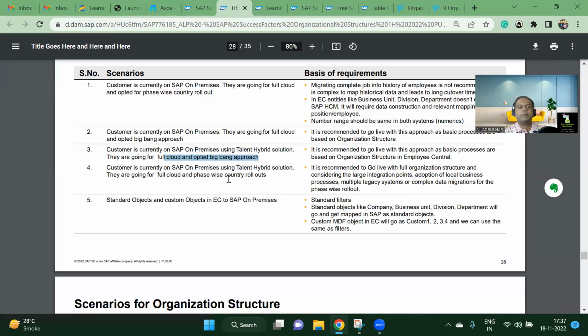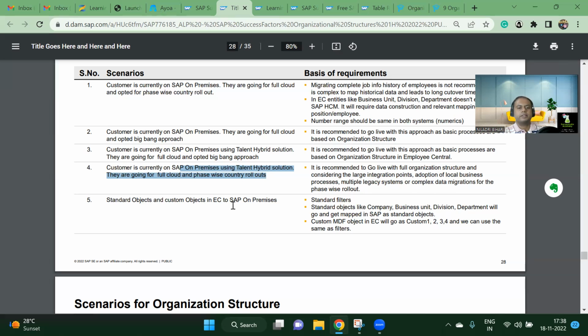Based on that, you have to think about whether you would like to go live with this, right? The customer is currently on SAP, going for full cloud and a phase-wise country rollout. So you can plan accordingly. You have to understand the go-live on the entire structure and how to consider those. Okay, so it is not so difficult to understand. You can do it.